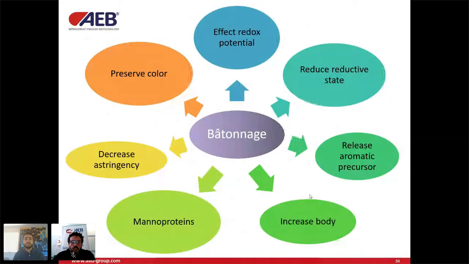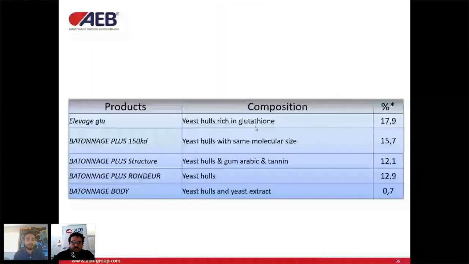And in fact, different batonnage products can be aimed at different results, that could be maintaining the redox potential and protecting from oxygen, or increasing the body and decreasing the astringency, and also helping you preserve the color. IOC's range of batonnage products is wide.